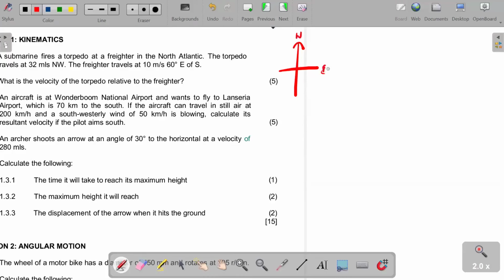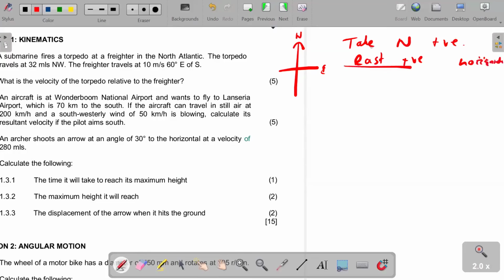I'm going to choose one direction for each. So I'm going to take north as positive for the vertical and east as positive for the horizontal.